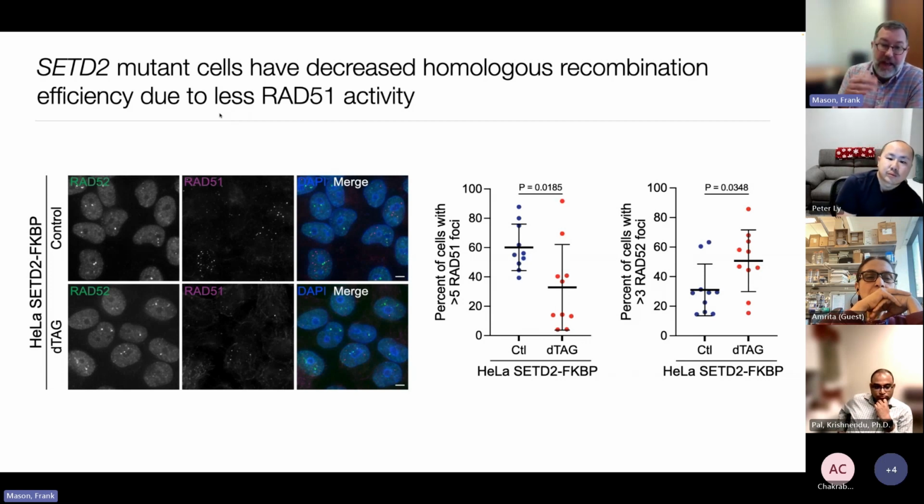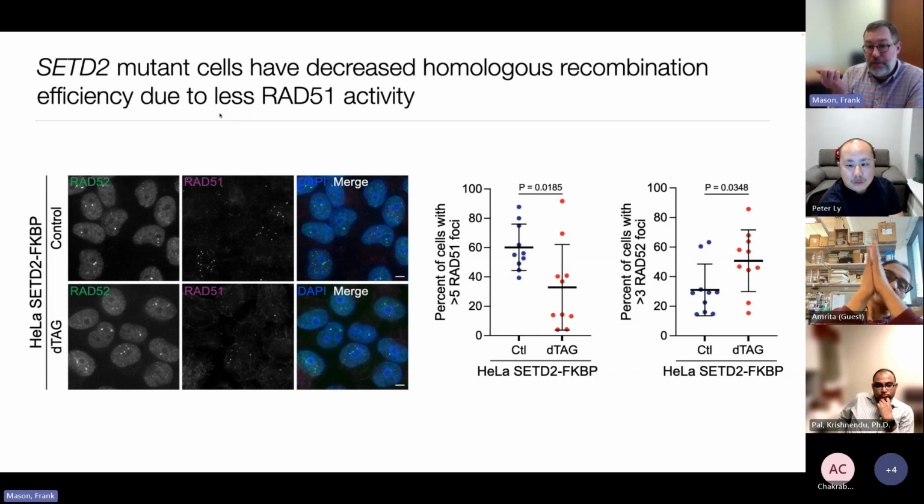We quantified the penetrance of Rad51 foci during DNA replication. When we deplete SETD2, there's a decrease in the number of cells with predominant Rad51 foci and a concurrent increase in the number of cells with Rad52 foci.